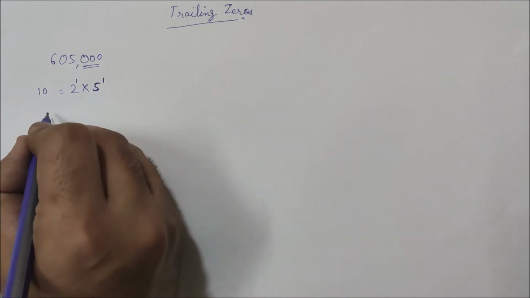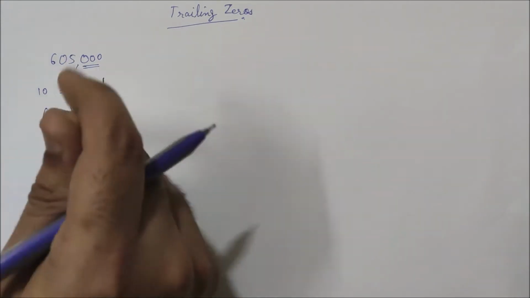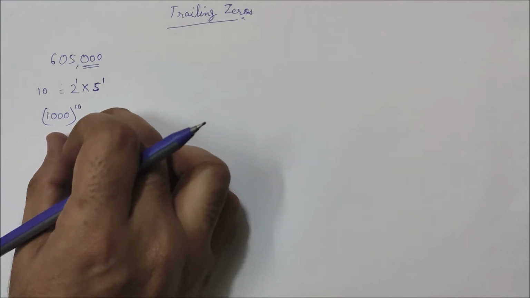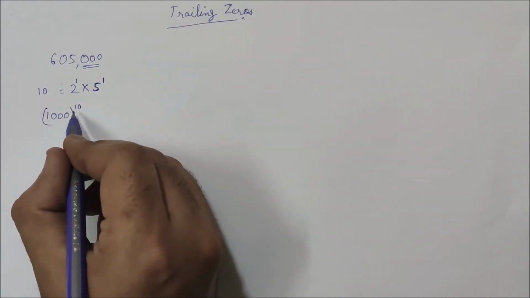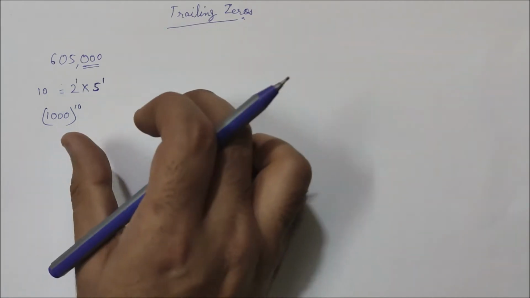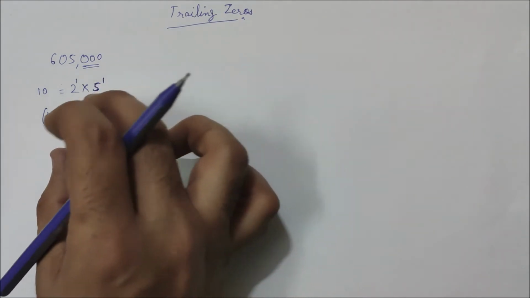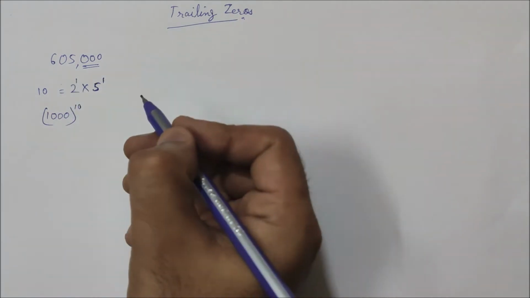Now let's see, if I have a number like 1000 raised to the power 10, I need to find the number of trailing zeros in this number. If I keep on multiplying 1000 10 times, that would become a pretty large number and it would get difficult to calculate the number of trailing zeros manually.